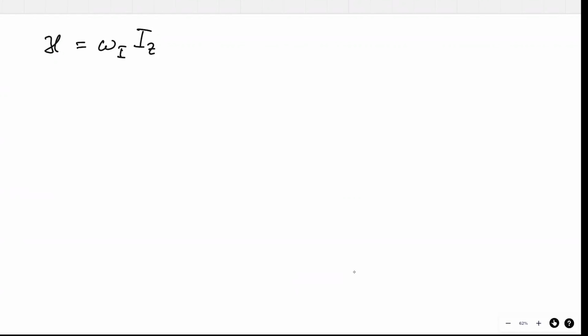And how about that? Like we have the same H, which is omega I times Iz. And what if you take a base that consists of Ix, Iy, Iz, and a unity matrix? Let's see.